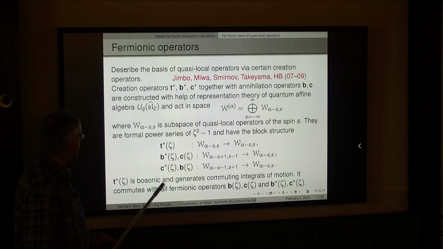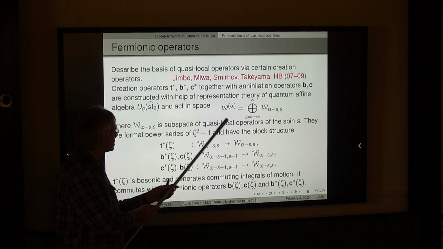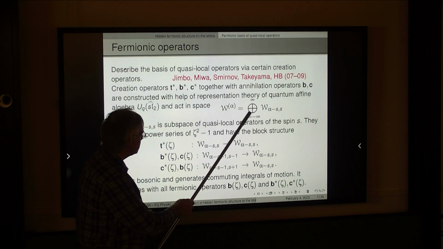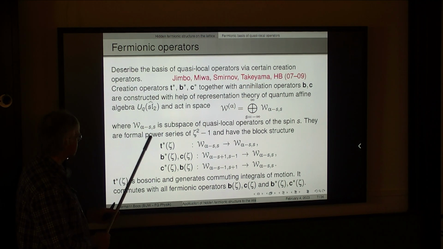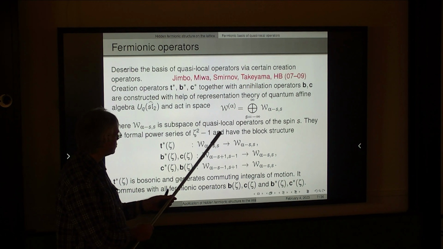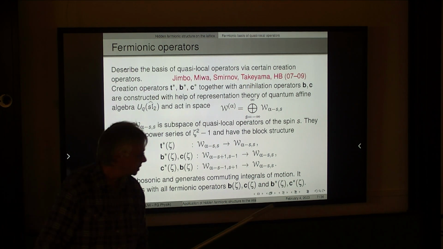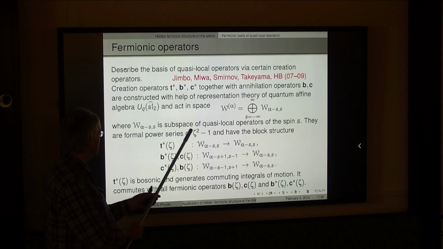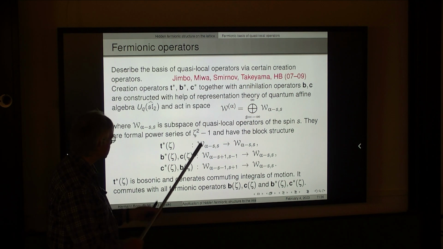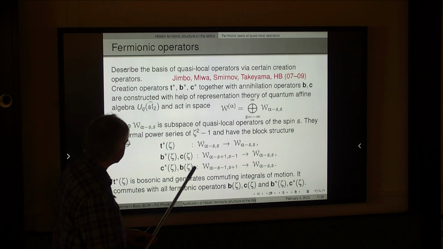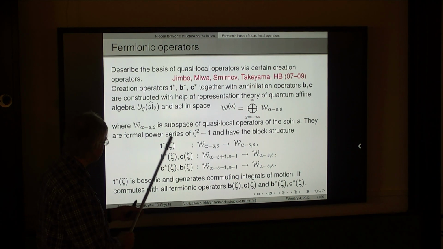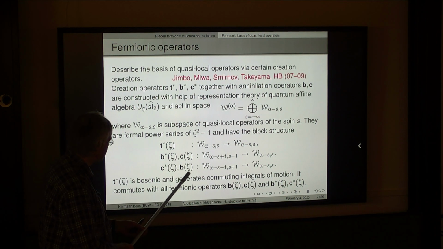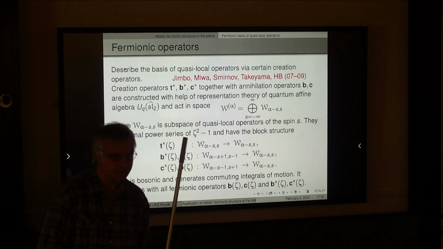And they act on the space W alpha, which is a direct sum of subspaces of quasi-local operators of some given spin S. So in fact, they have formal power series in spectral parameters zeta squared minus 1 and have a block structure. So this T star doesn't change spin, B star, C star change spin by 1.